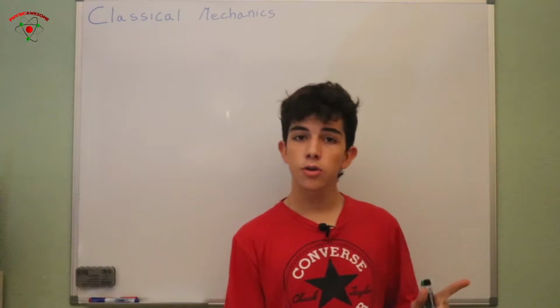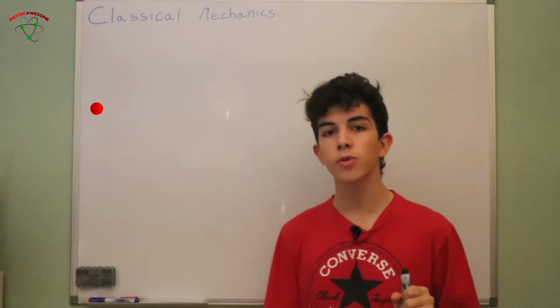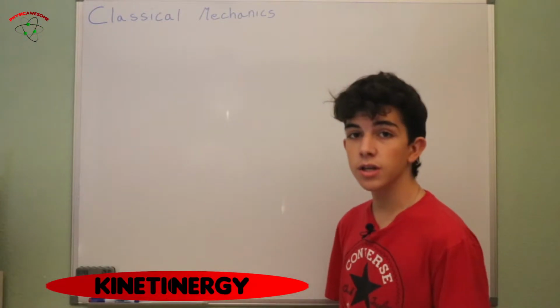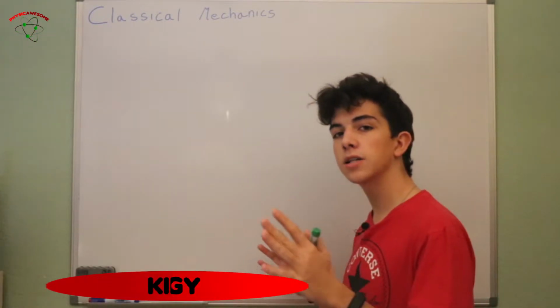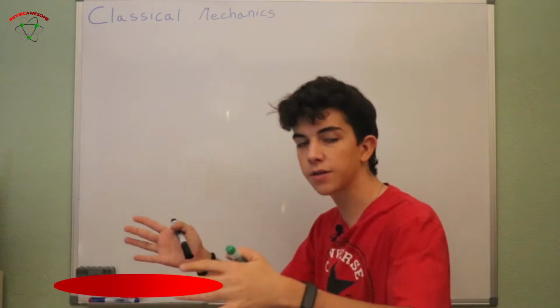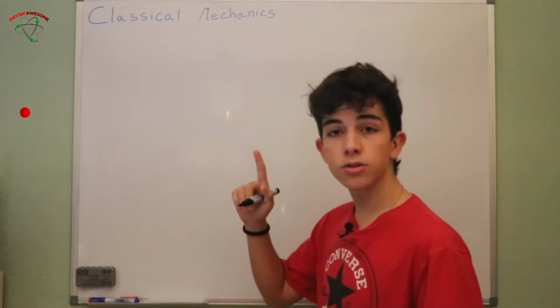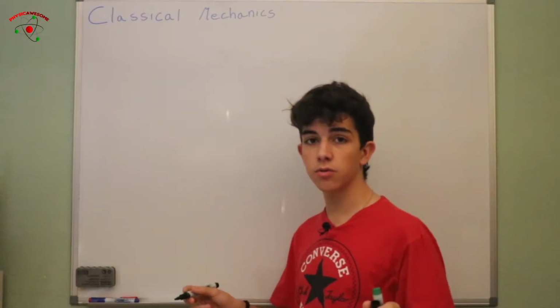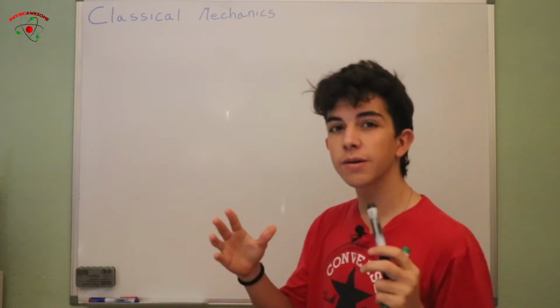Great, let's introduce the first quantity of energy we are going to talk about, kinetic energy. Kinetic energy is the energy that an object has because of being in movement. Therefore, it's going to depend on the velocity, and it's also going to depend on the mass of the object, because it's not the same thing.